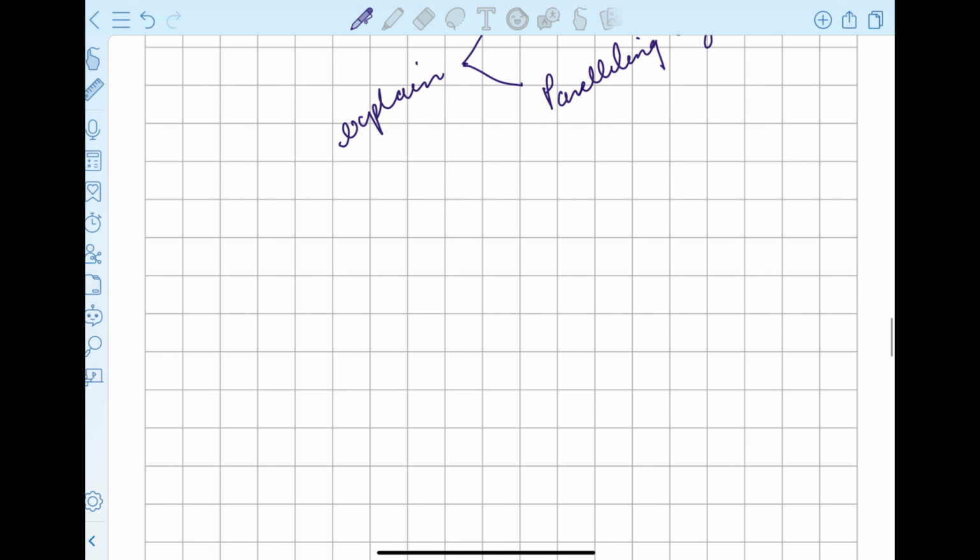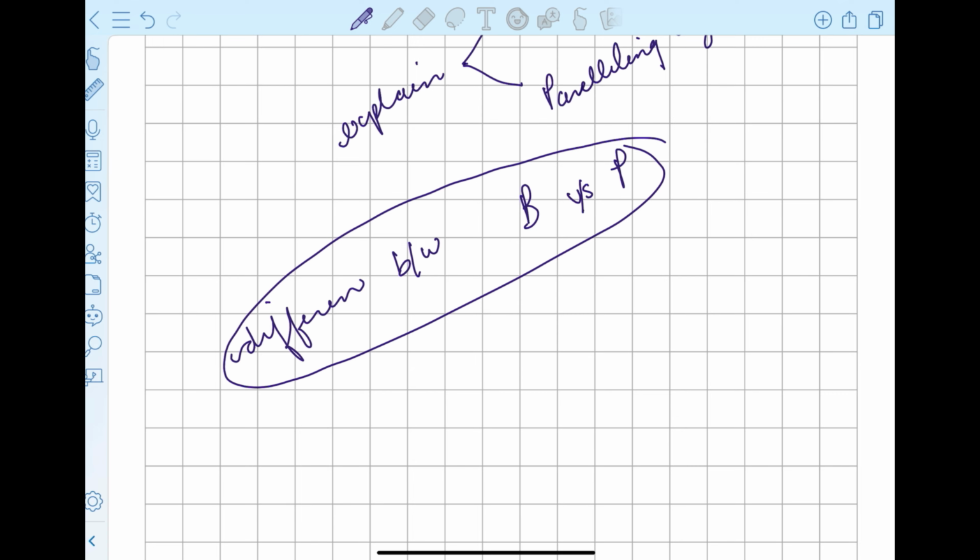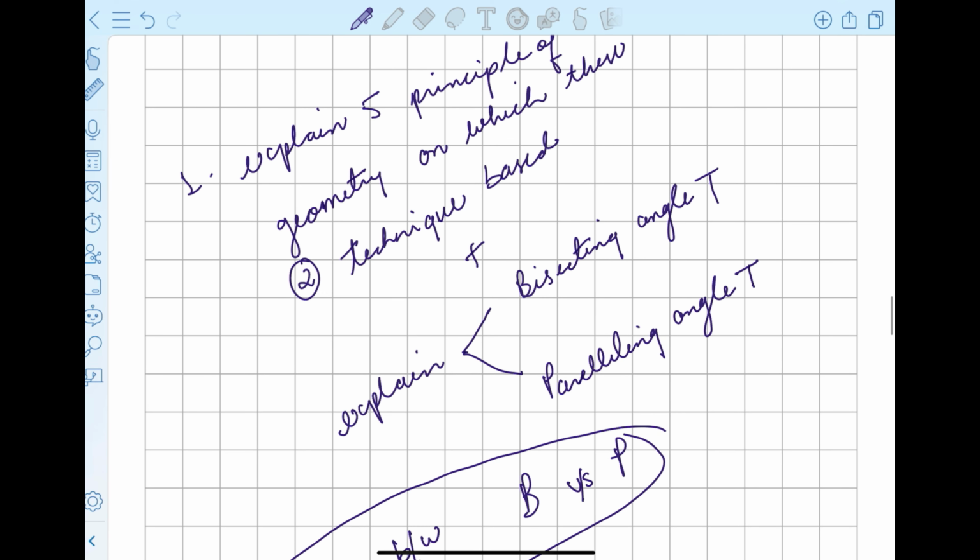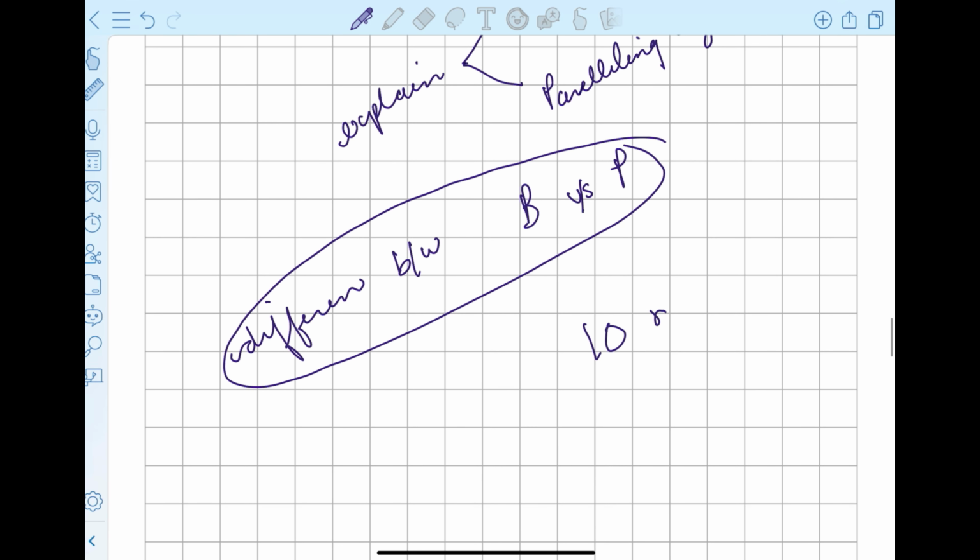And also, very important, they can ask you to differentiate between the bisecting angle technique and the paralleling angle technique. Very important. This entire question can come for 10 marks. So it is very important for you to know the exact pointers for the viva, and of course the long format for the long answer type question.